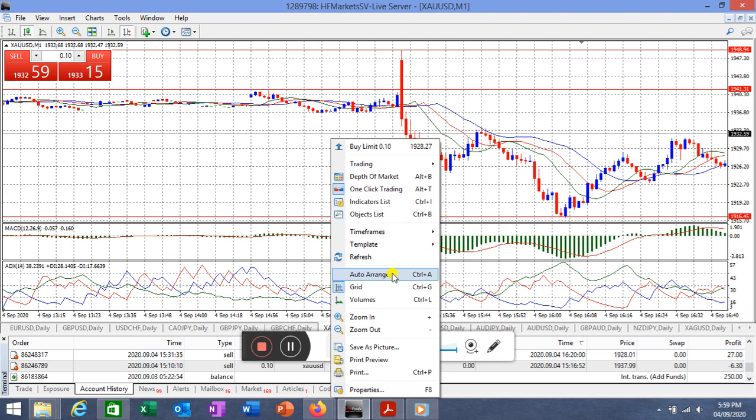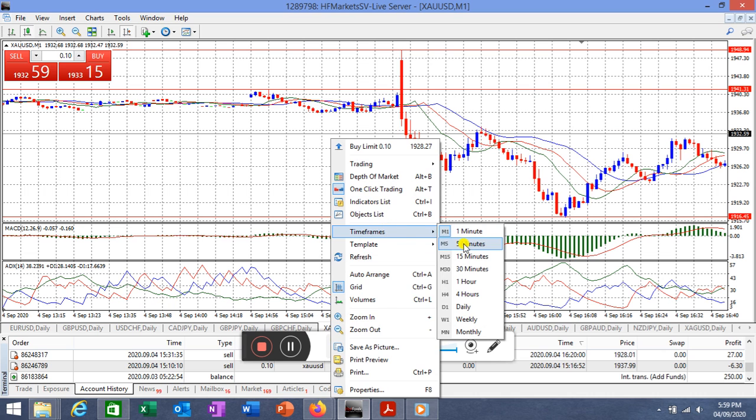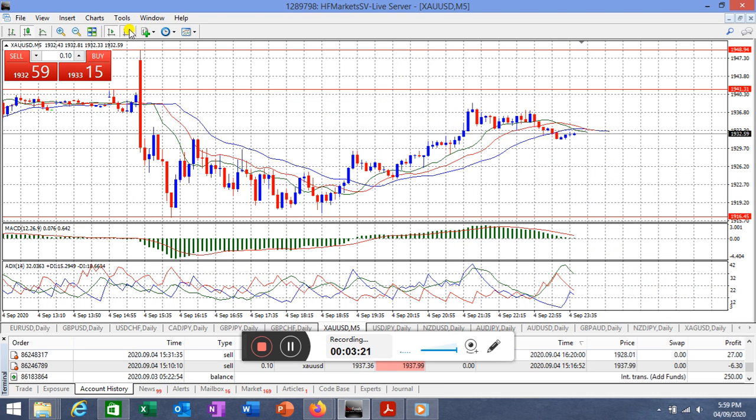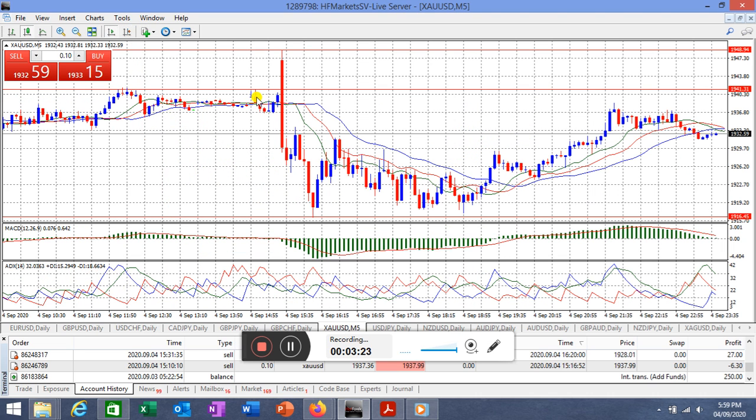We'll go to the 5 minutes time frame. Alright, so I went into the trade. I sold here, it was $6, which is a sell. Came back on me and stopped out my stop loss, right?